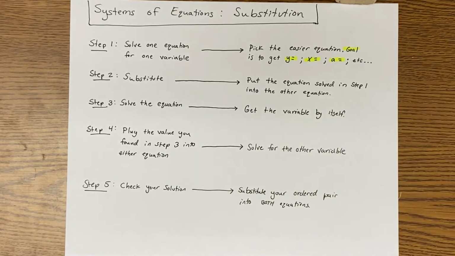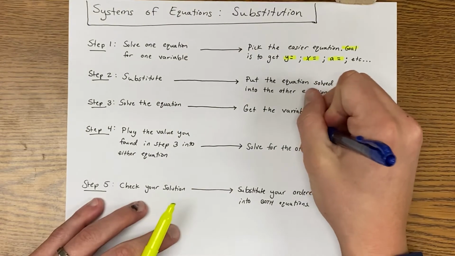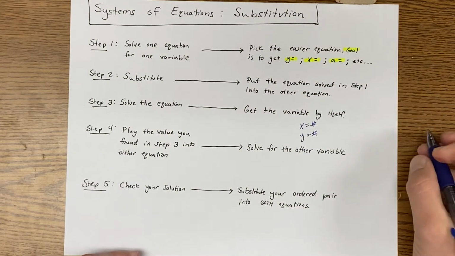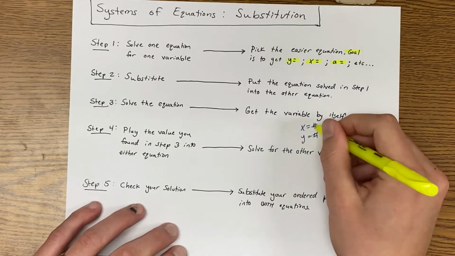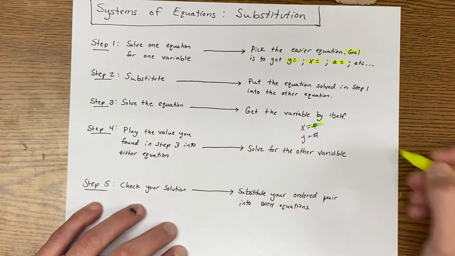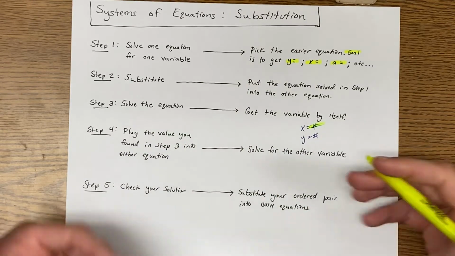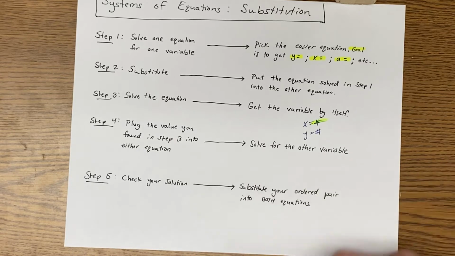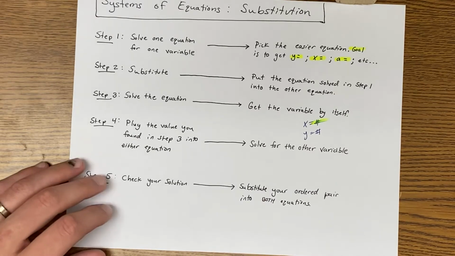So at this point, we will have either x equals a number or y equals a number. So we will take this number and we'll plug it into the other equation. And then at that point, we will have both an x and a y. And then step 5 is just us checking our solution. Like I said, it might not make a ton of sense just yet, but when we look at our examples, it'll make a little more sense.